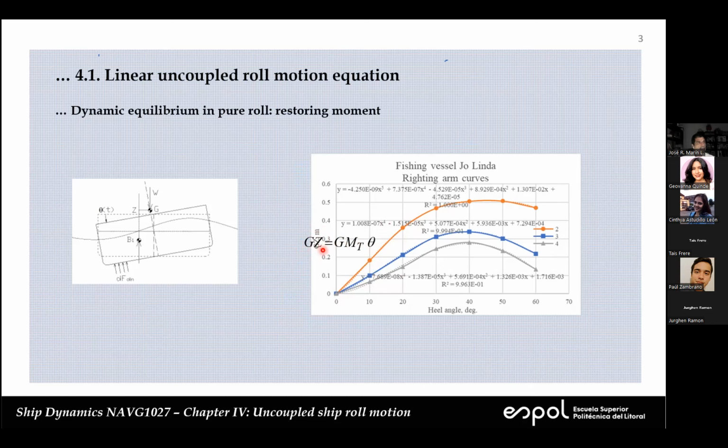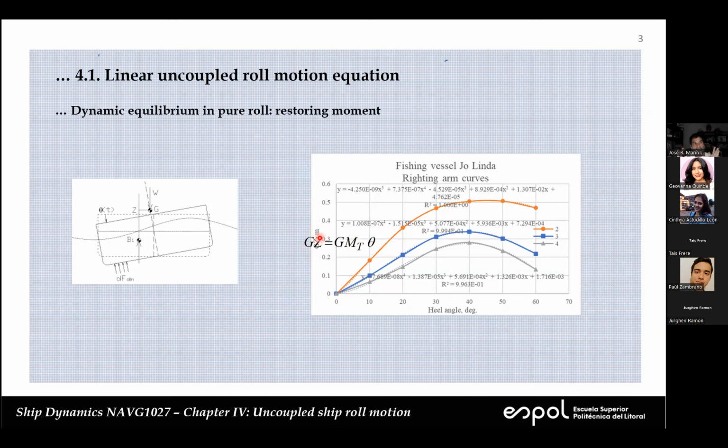So GZ of theta, in this case theta is in radians. So if you give this in meters, this in radians, the result is in meters. So in the following analysis, GZ will be replaced by GM theta.